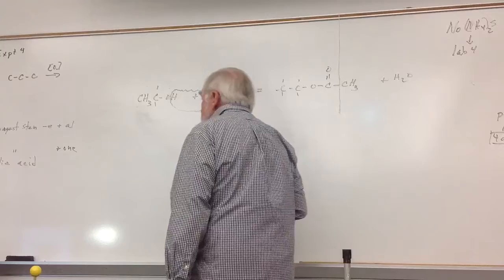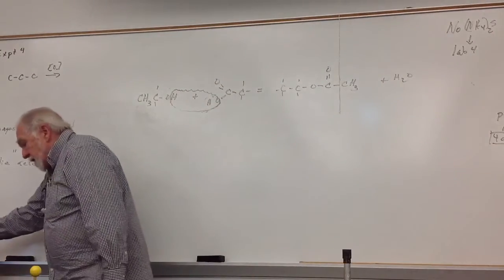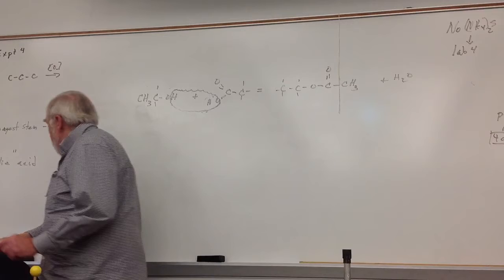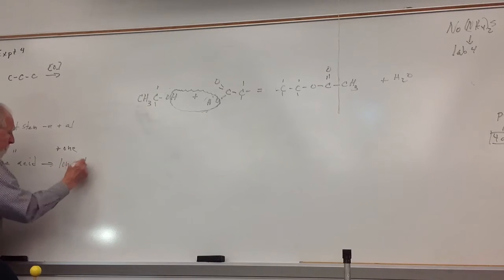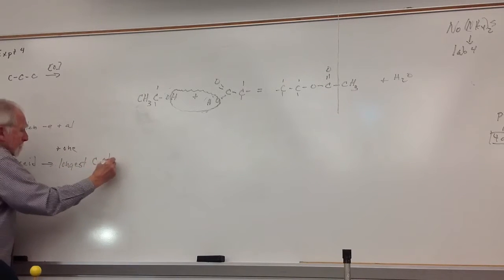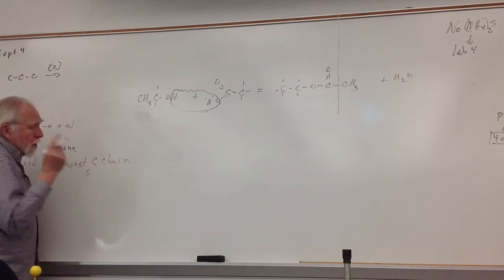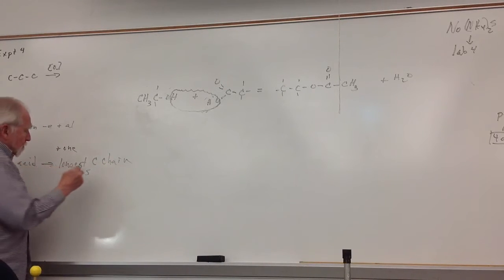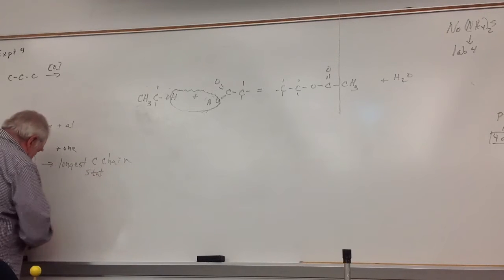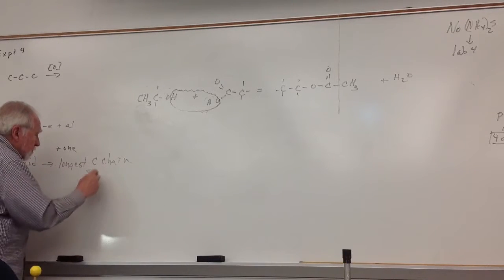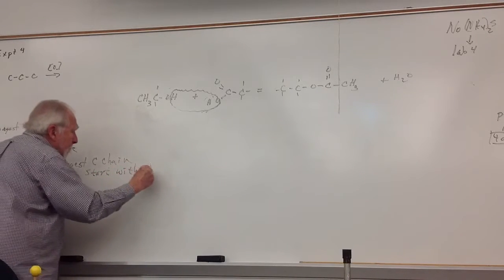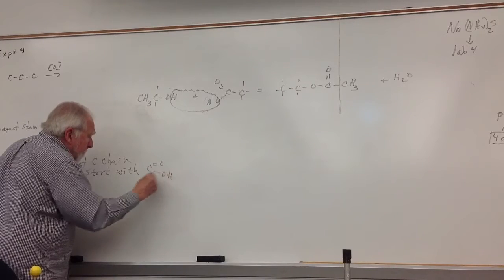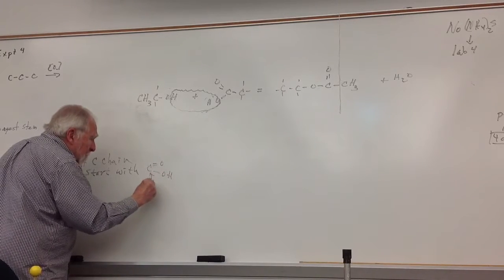Now when you name the ester, oh, somebody asked me about this, about the carboxylic acid. So for the carboxylic acid, the name is formed from the longest carbon chain. Start with the carbon on the CO2H group. This is the number 1 carbon.